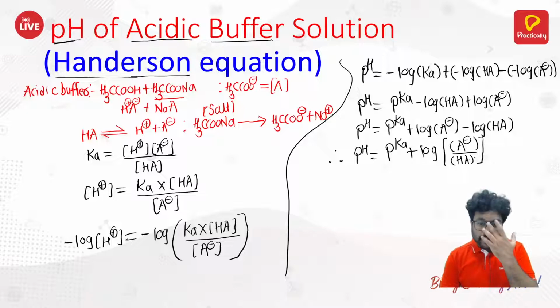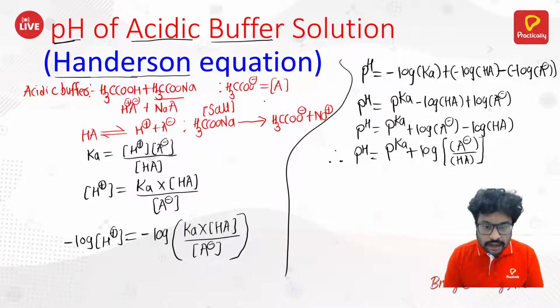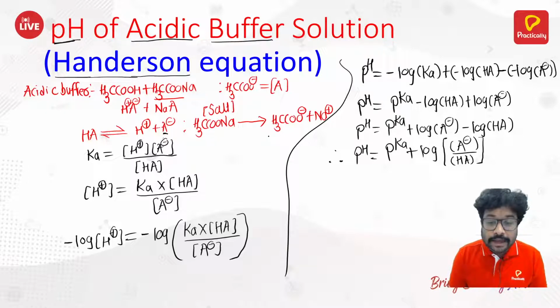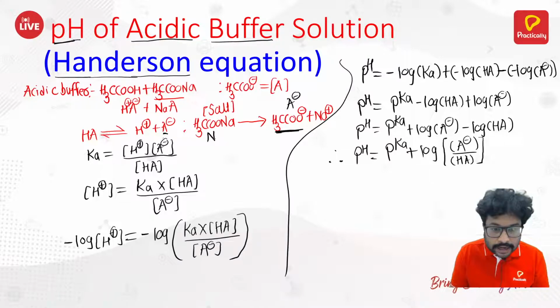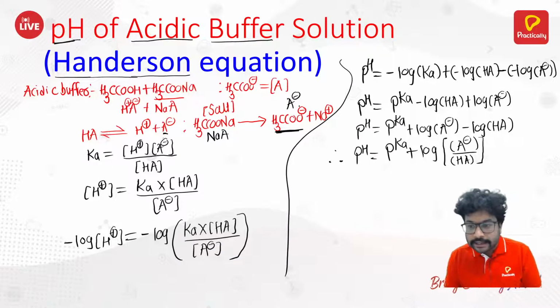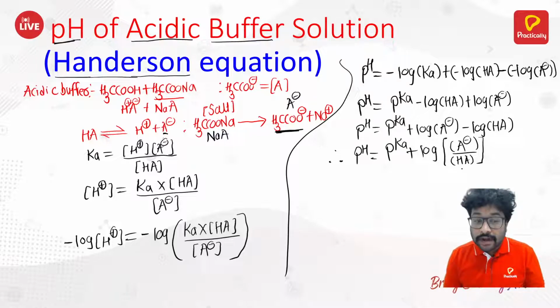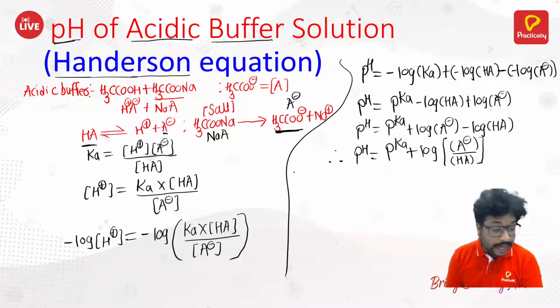Now what is A minus? Look at here. A minus is basically the acetate ion. See, this is also A minus, no? You take NaA, no? This is NaA. So this is Na plus, this is A minus. So A minus basically is the concentration of salt. And what is HA? HA is the concentration of your acid.